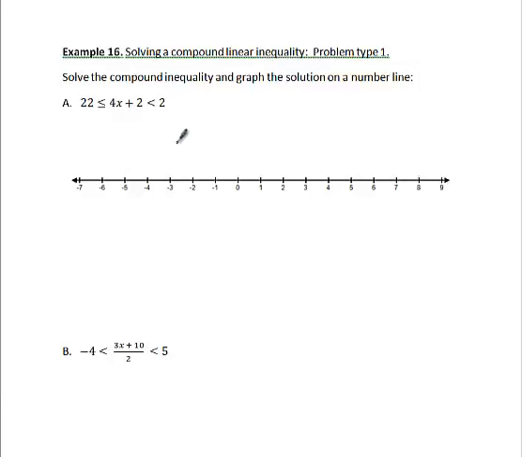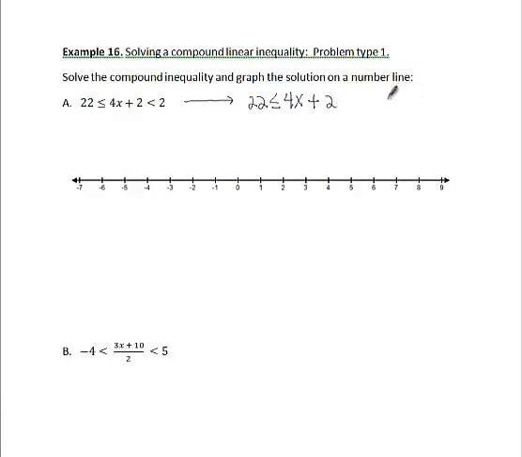So example 16, we have a compound inequality, and I simply want to point out that it's written differently. We have an expression involving x, it's less than 2, and it's greater than or equal to 22. This can be rewritten as 22 less than or equal to 4x plus 2.